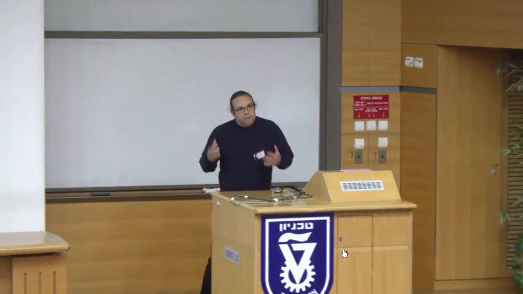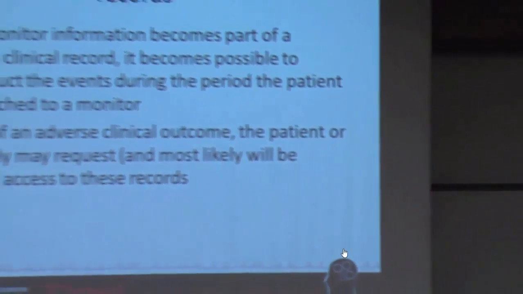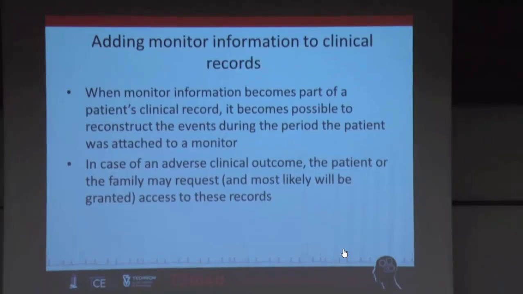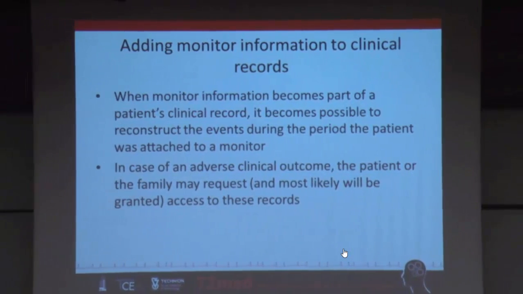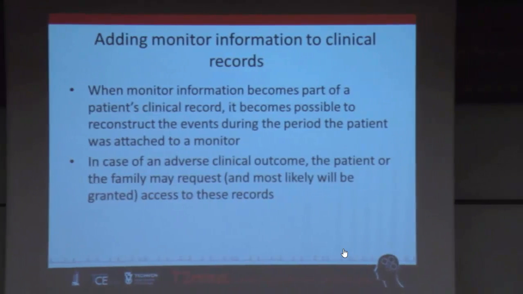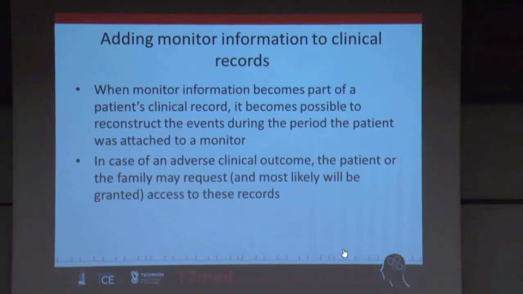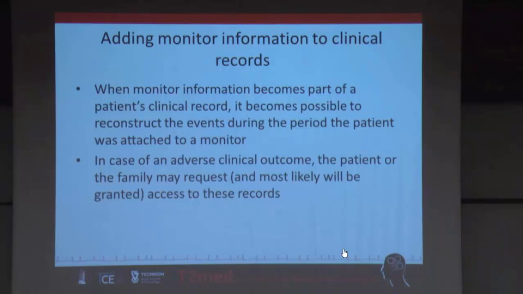Now, if we have this data in this clinical record, and there is an adverse event, the patient dies, what happens in intensive care units, obviously, the patient or the patient's family, in the case the patient is not alive anymore, may request, and probably will be granted by the court, access to the recordings from the monitor.